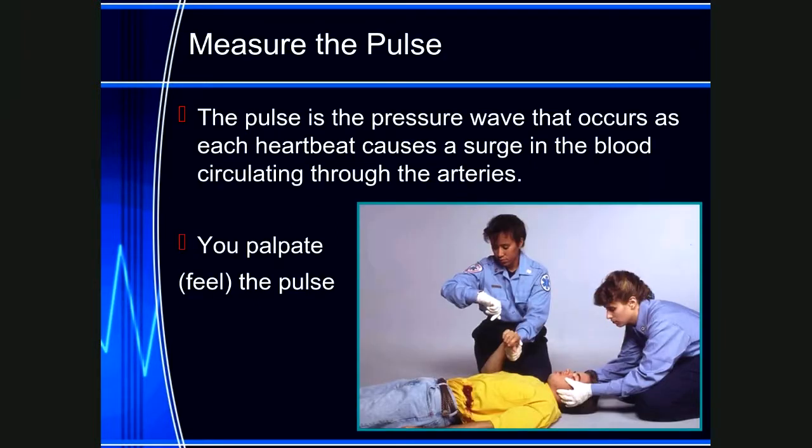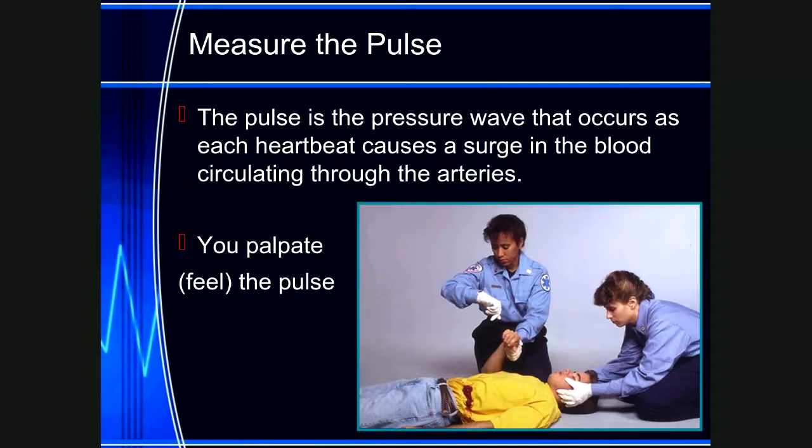So we measure the pulse. The pulse is the pressure wave that occurs as each heartbeat causes a surge in the blood circulating through the arteries. You palpate, feel the pulse when you palpate. If the patient's light-skinned, pulse and skin color, temperature, and condition can be assessed at the same time.